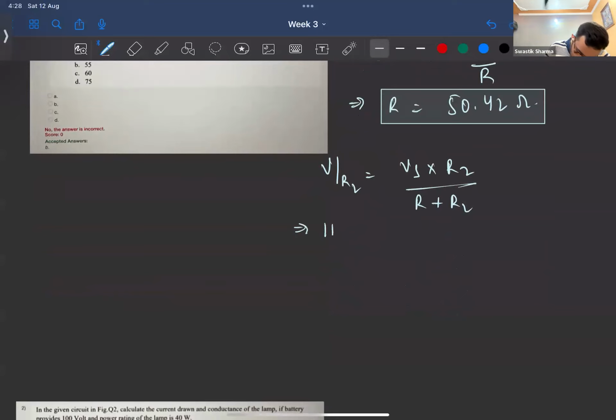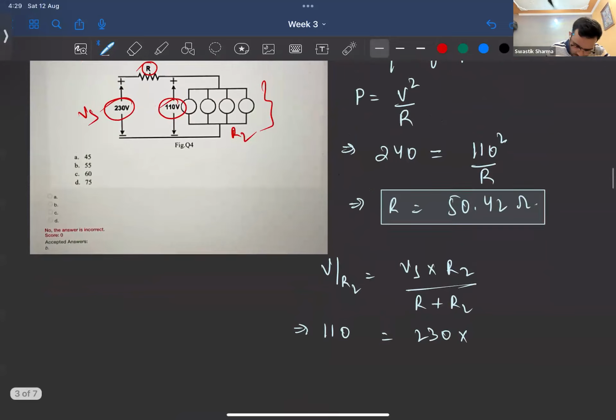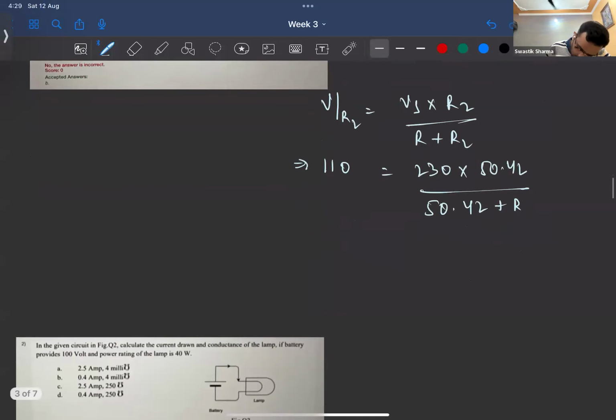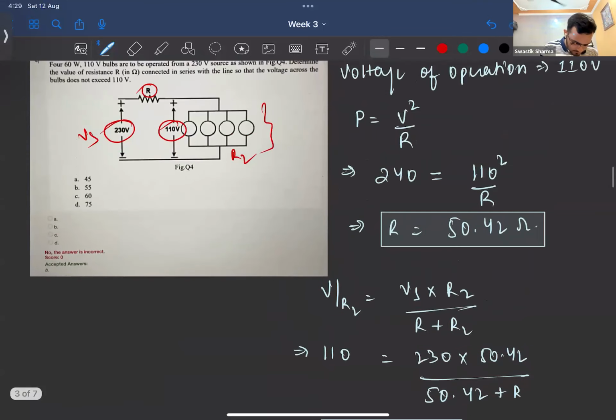So VR2 is given as 110, Vs is 230, R2 is how much? 50.42, right? So this will come out to be 50.42 plus R, and then we can easily find R, and it comes out to be 55 ohms. You can do that. That's how you'll do this question as well, right?